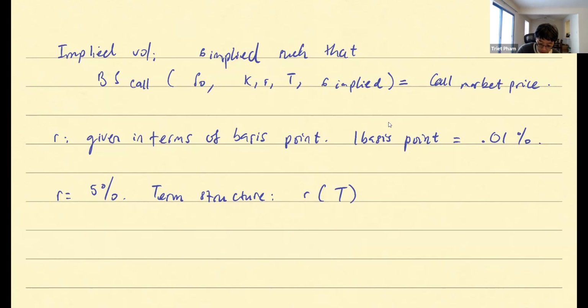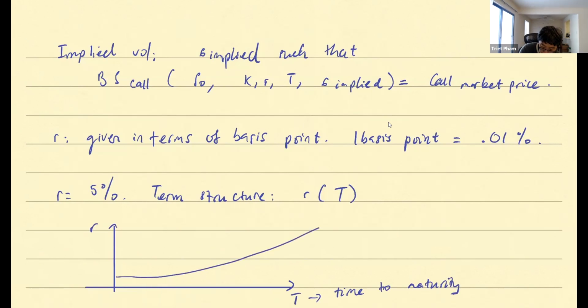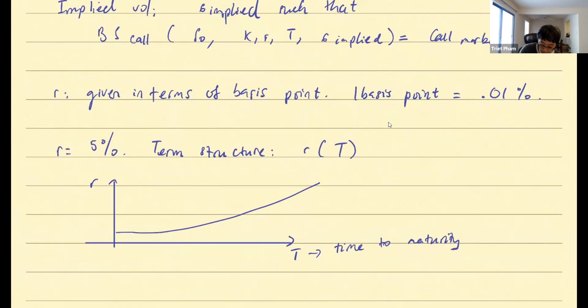The favorite graph of the term structure is this: this is T, the time to maturity, and this is R. The graph may look like this, where you have something like 1 month, 3 months, all the way to 30 years.